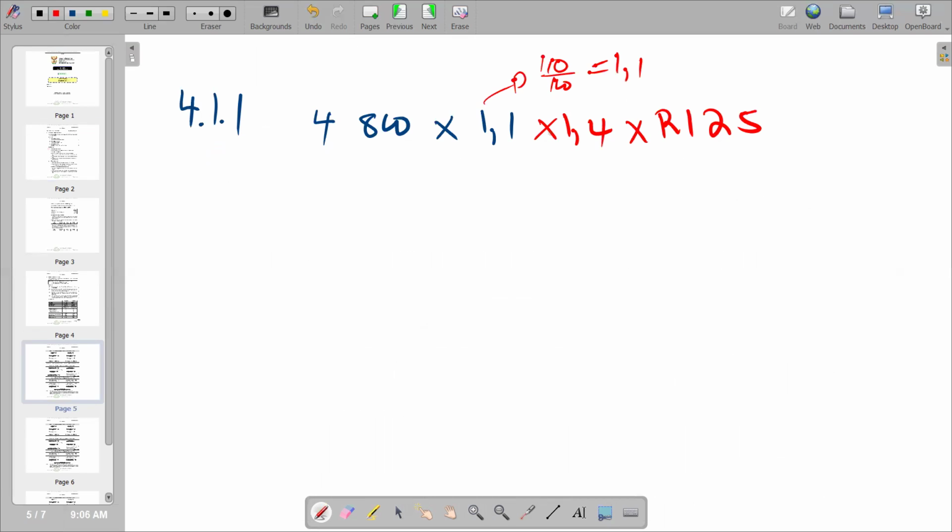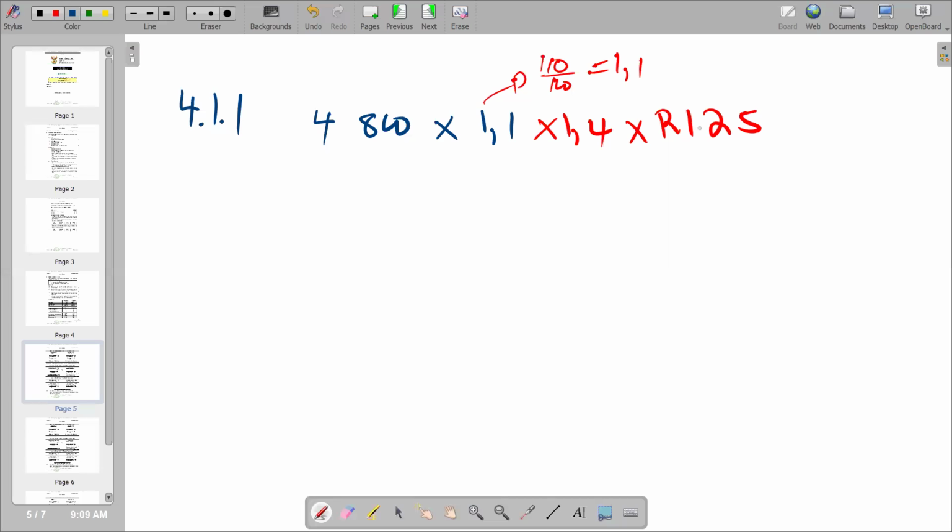We calculate it as such and see the answer that we get. The answer that we are supposed to get here would be 924,000 rands. So that becomes your direct material cost.